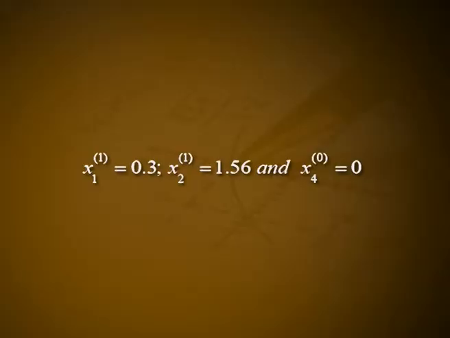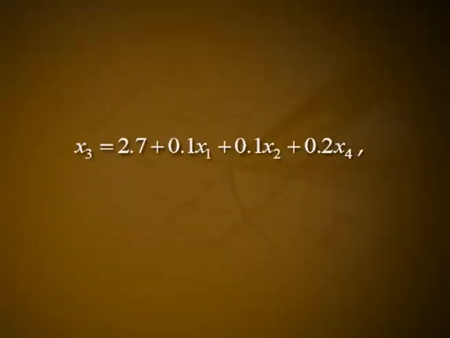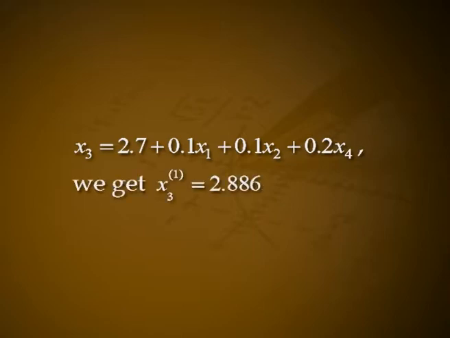Now put x1(1) equal to 0.3, x2(1) equal to 1.56 and x4(0) equal to 0 in x3 equal to 2.7 plus 0.1 x1 plus 0.1 x2 plus 0.2 x4, we get x3(1) equal to 2.886.